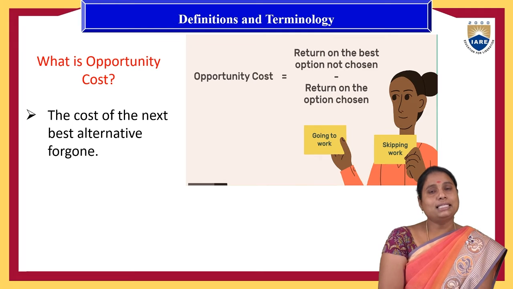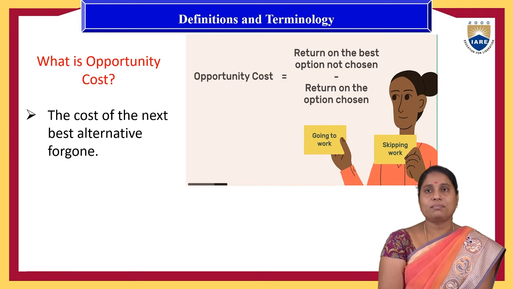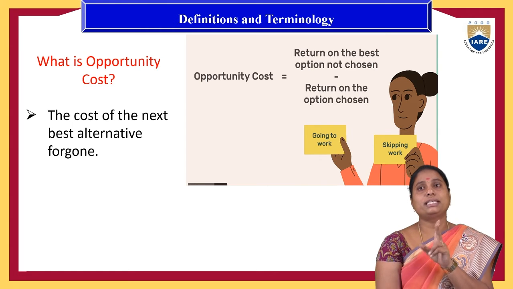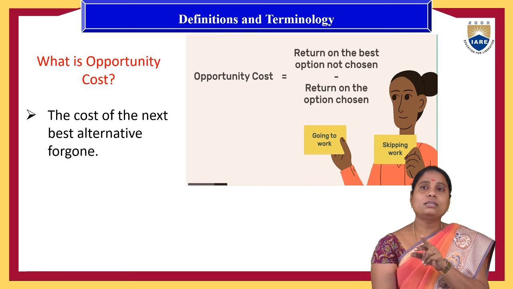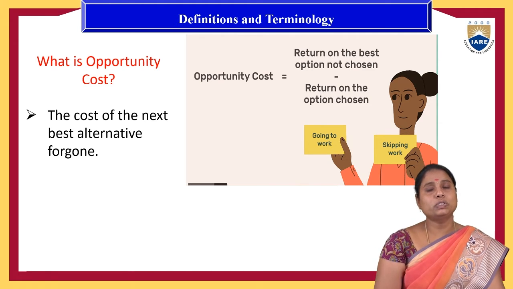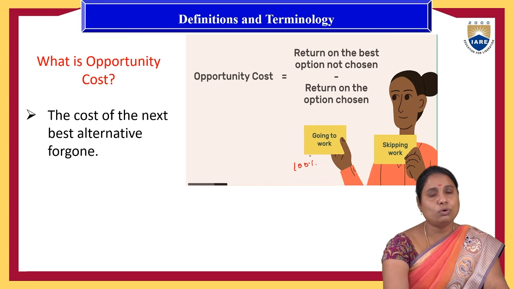Let us say in this pandemic situation, you can choose either of two options: work from home or going to the office. If the organization has kept a condition of 100% salary for those going to the office, and 50% salary for those who opt for work from home.